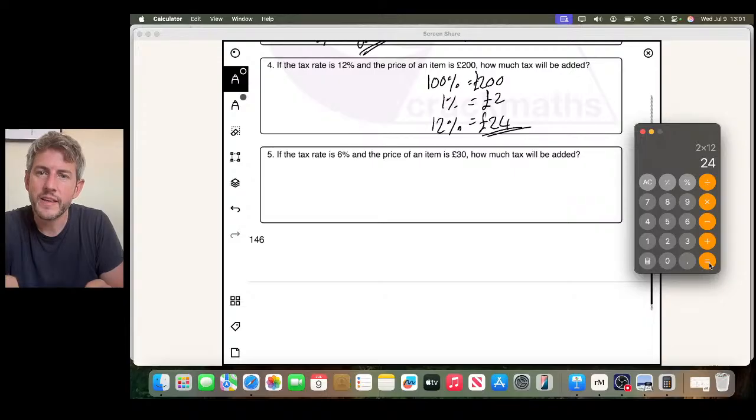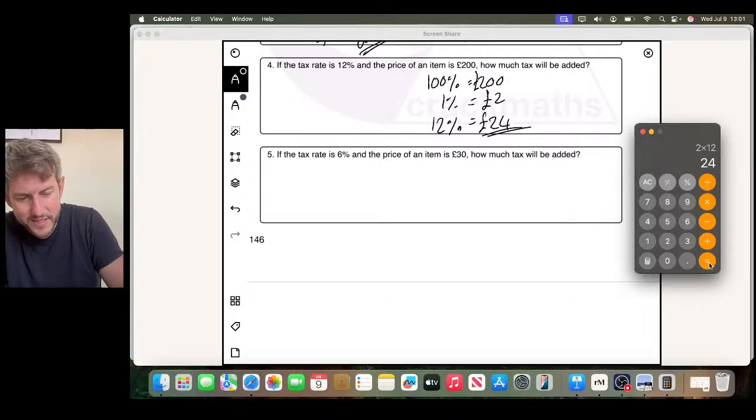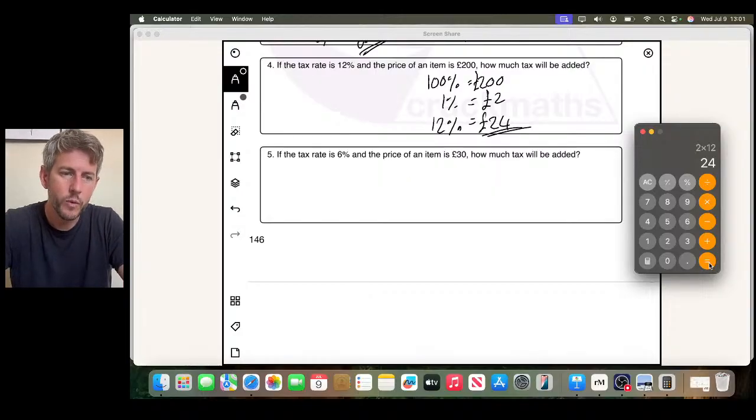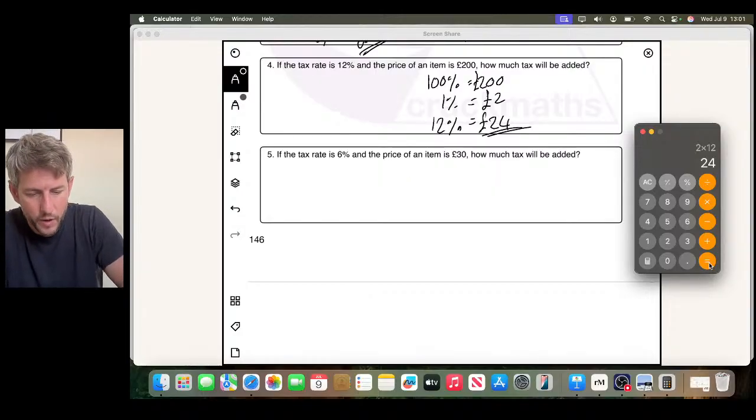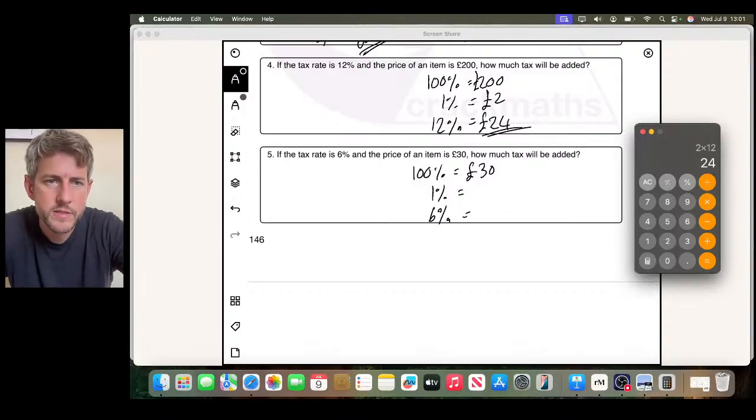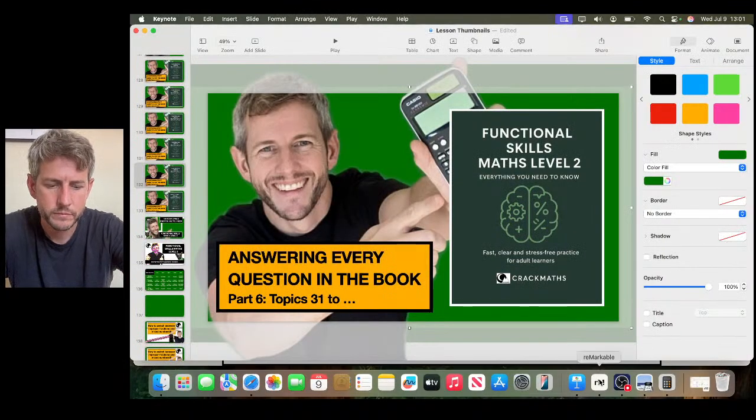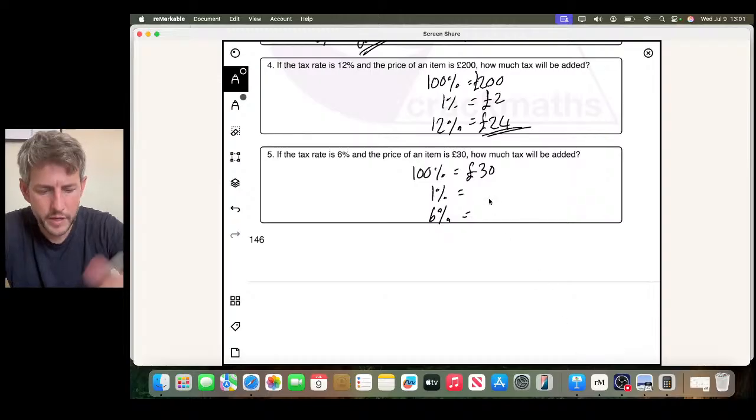Right, question 5. If the tax rate is 6% and the price of an item is £30, how much tax will be added? Okay, so here we go. What we can do, we can have a look at this. So we know 100% is the £30. We can find out what 1% is, and then we can find out what 6% is. Okay, so here we go.